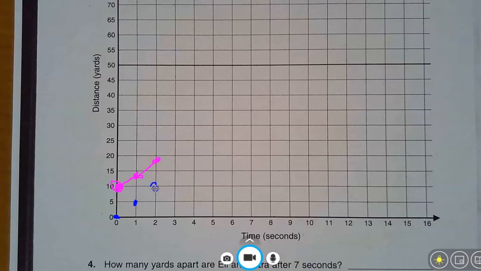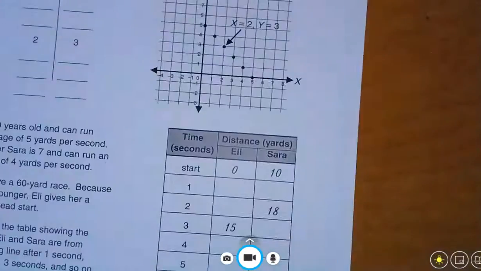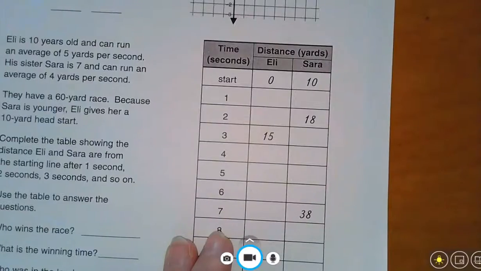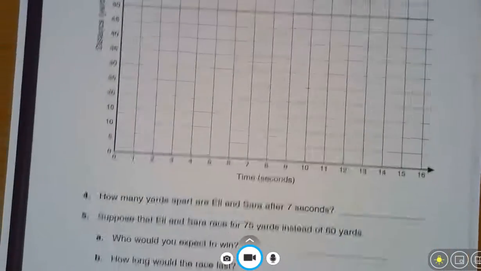Then he went 10 meters. Then he went 15 meters. What have I forgotten to do? I forgot to connect my dots. It's easier if you connect them one at a time to come out with a straight line. So all of the distances that are over here in this chart need to get shown in this graph.